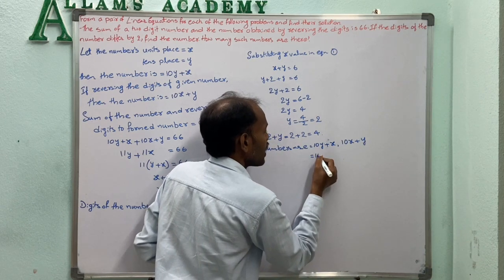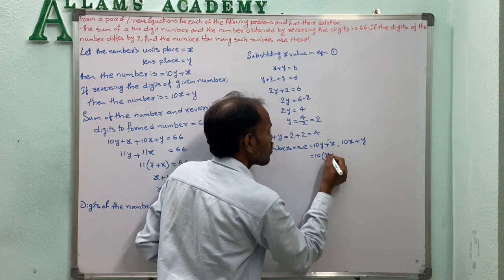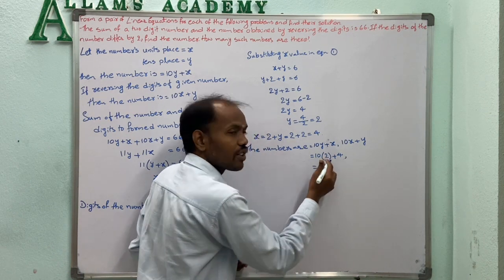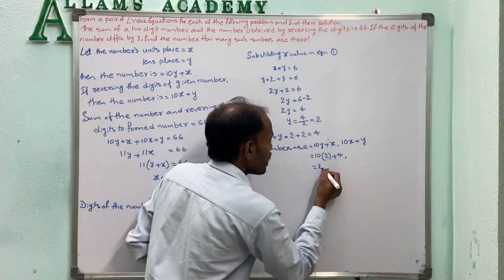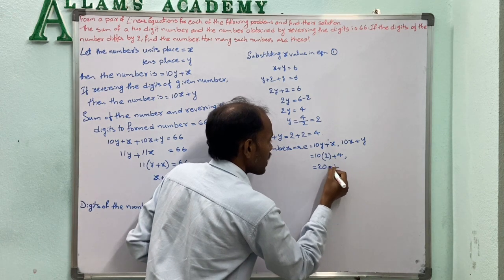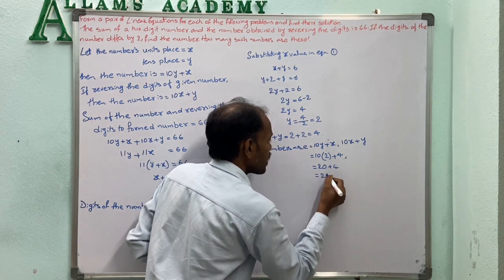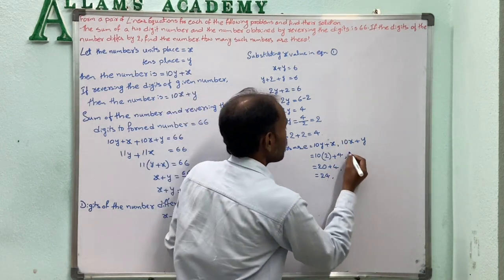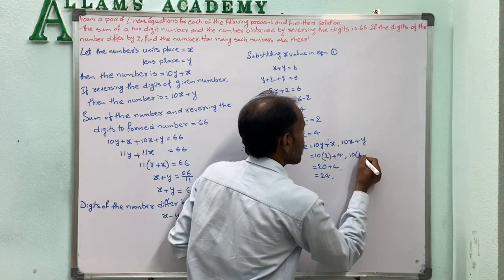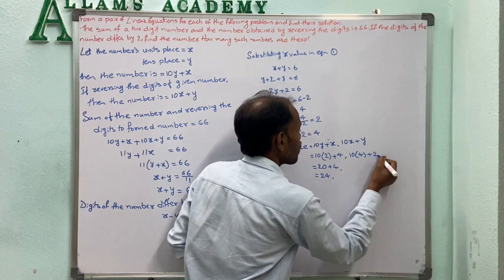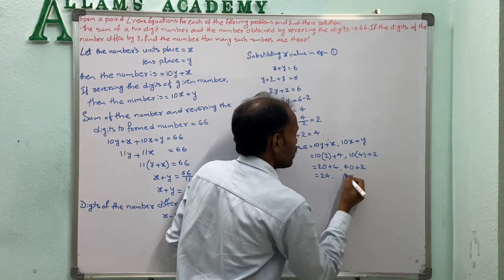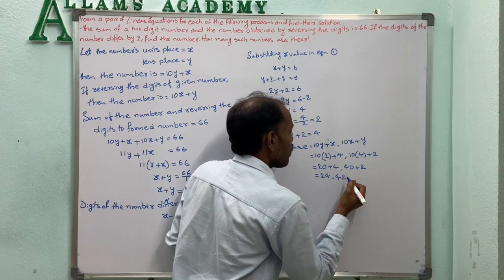With y equal to 2 and x equal to 4, 10 times 2 is 20, 20 plus 4 is 24. And if x equal to 4 and y equal to 2, 10 times 4 is 40, 40 plus 2 is 42.